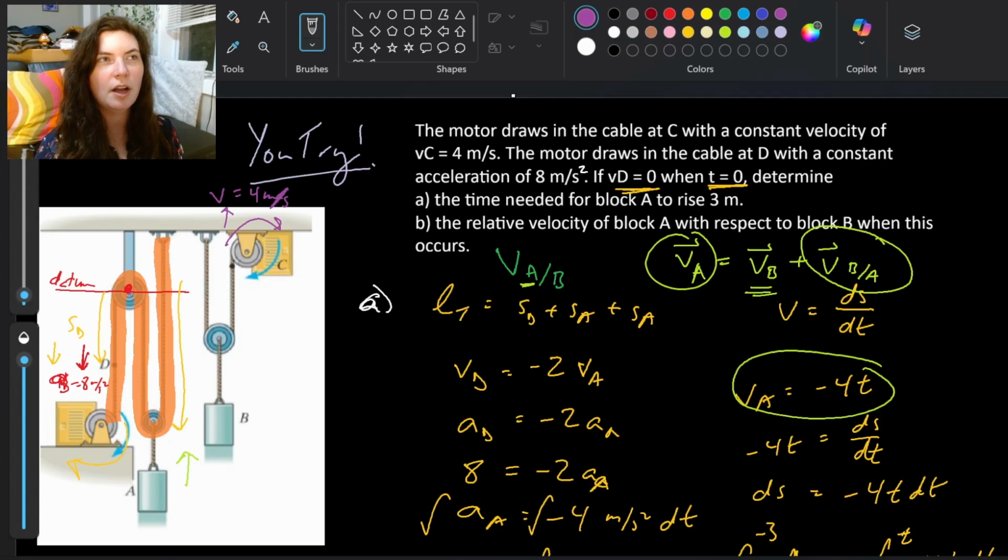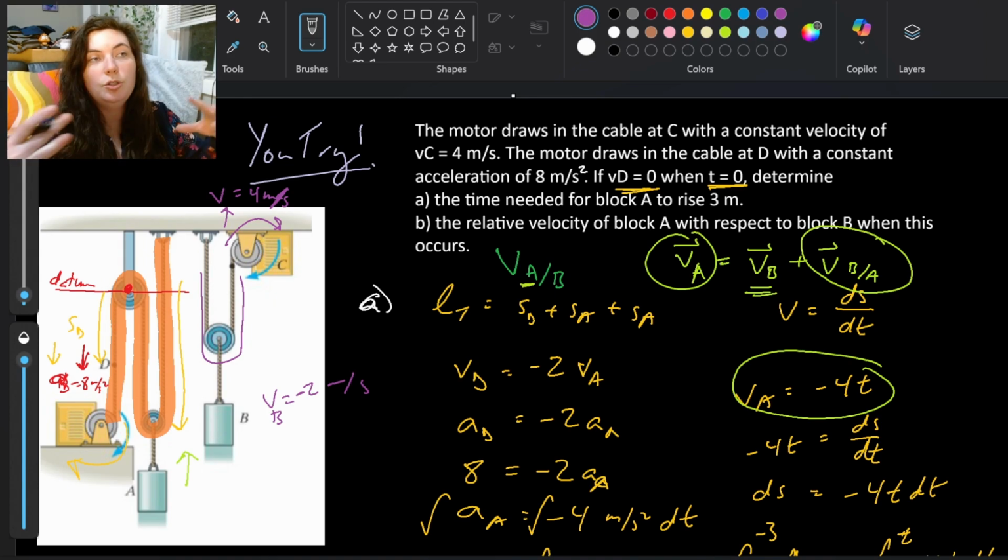So you might figure out, okay, if I have this pulling in at 4 meters per second, and I've seen a lot of these pulley problems where I have 2 lengths of rope, my velocity of B is just going to be half of the velocity at C. And you'd be correct, right? VB is going to be half of that. There's 2 ropes that are sharing this 4 meter per second velocity. VB is in fact 2 meters per second, right? And it's technically a negative 2.